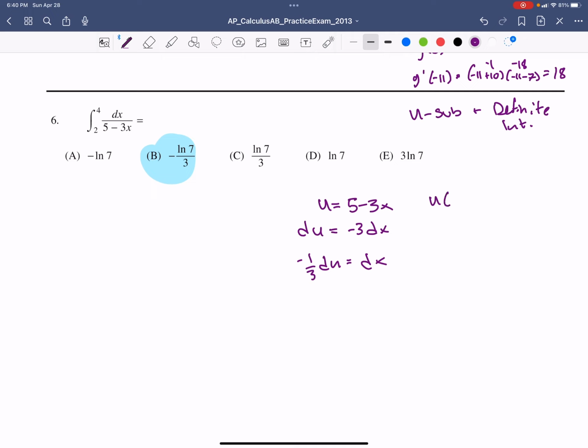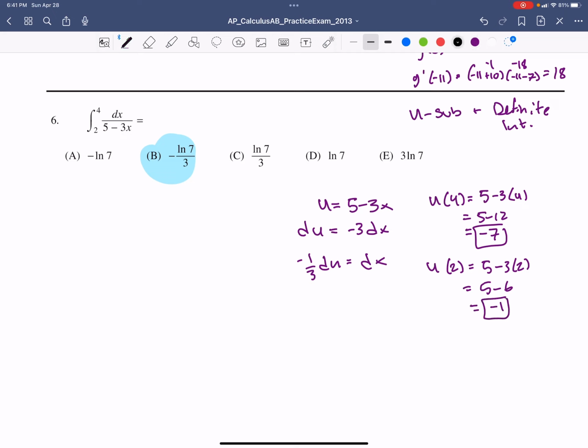You're going to have u of 4. U of 4 is going to be 5 minus 3 times 4, which is 5 minus 12, which is negative 7. And you're going to have u of 2, which is 5 minus 3 times 2. 3 times 2 is 6, which is negative 1, right?